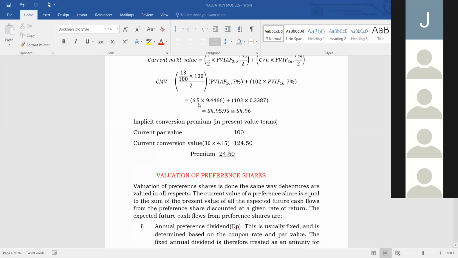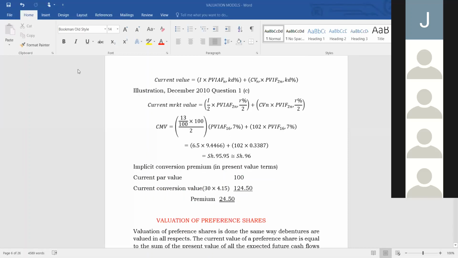So valuation of convertible debentures and redeemable debentures is similar, except that for redeemable debentures you discount a maturity value. Redeemable ones are those which will mature at some point in time. But for convertible debentures, no maturity will occur.